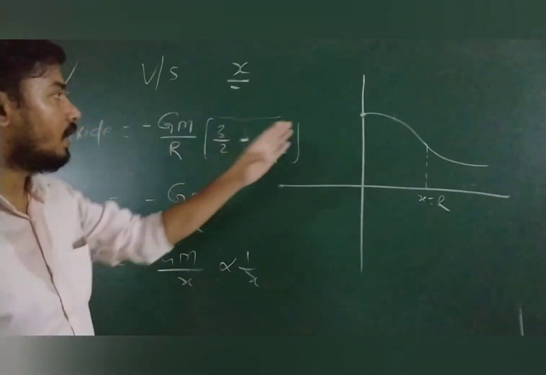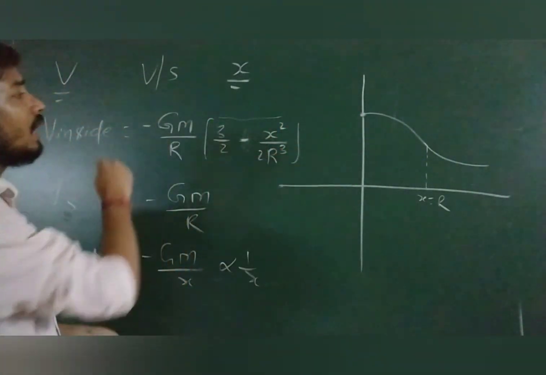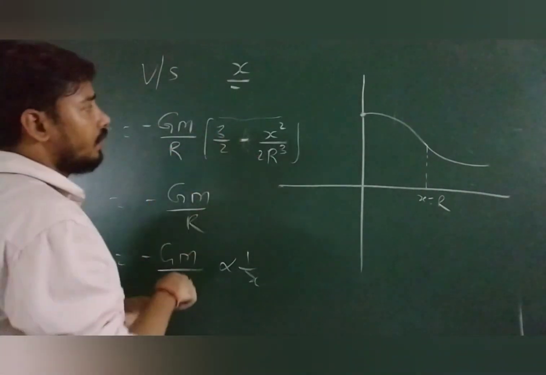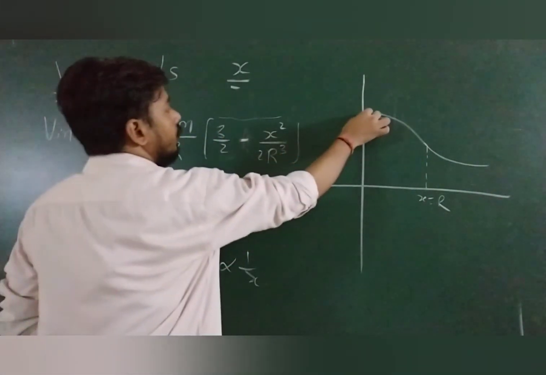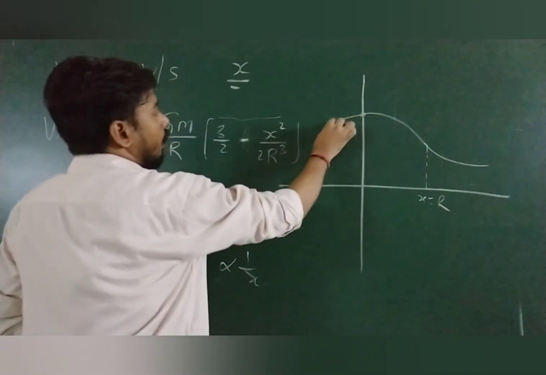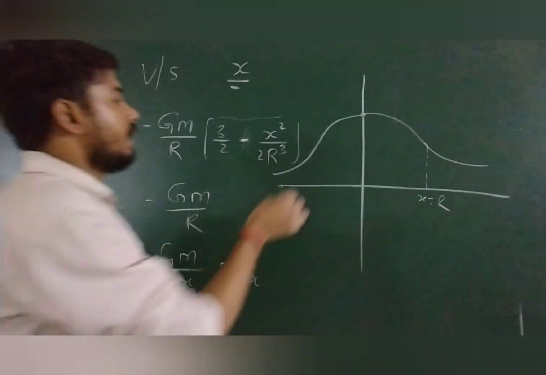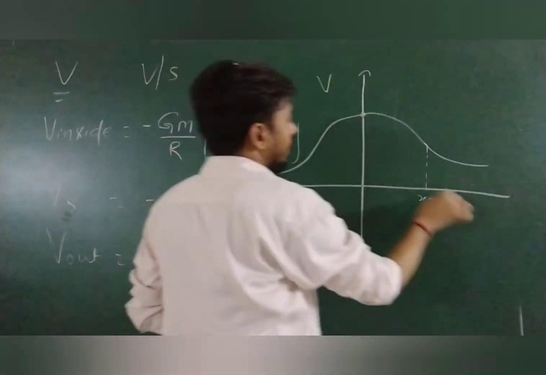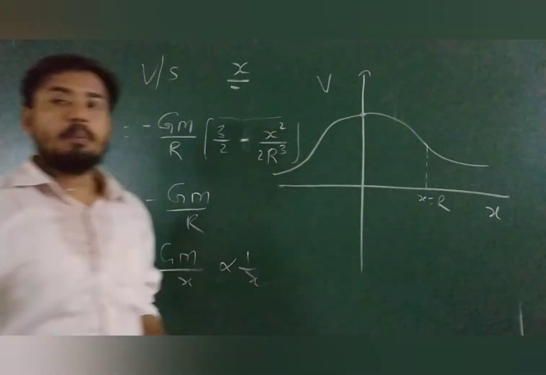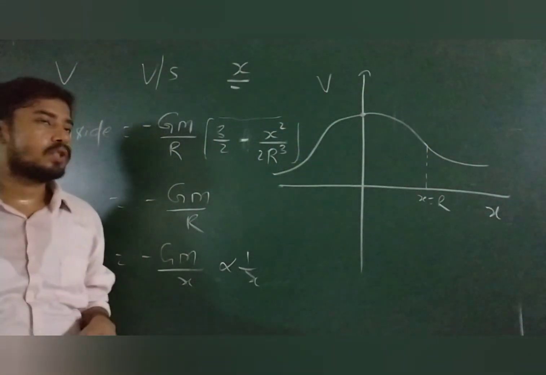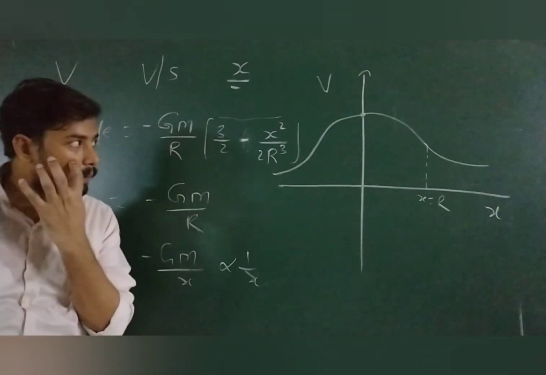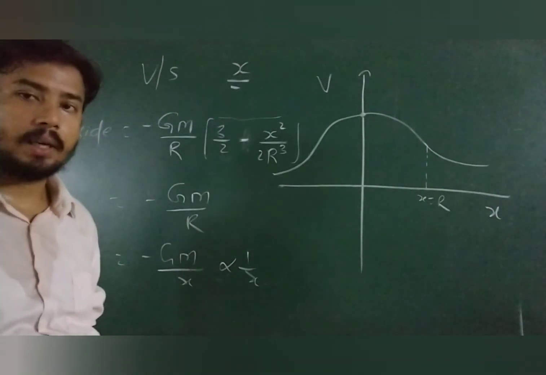Getting my points? Similarly, if you want to go to the other side, the same graph will come. So this is the potential versus x graph of a solid sphere. If anybody has a doubt, please tell me. Okay, thank you.